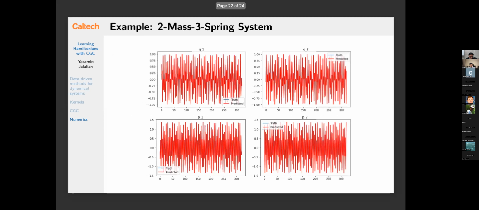And for the 2-mass 3-spring system, we can see that our prediction is completely equal to the truth. I still don't have precise error measures. But as you can see, you can't even see the true value. It's completely fitting the truth value. Our prediction is very accurate in this case.